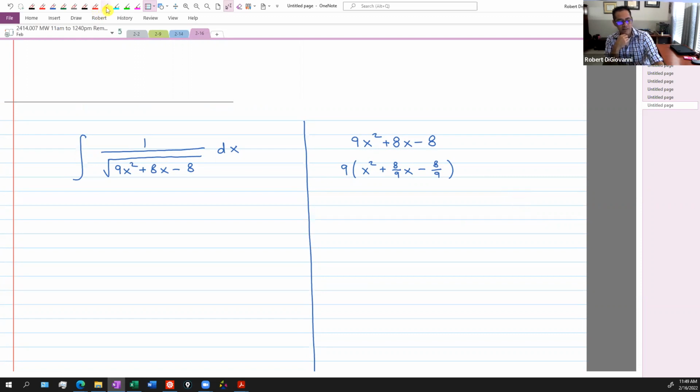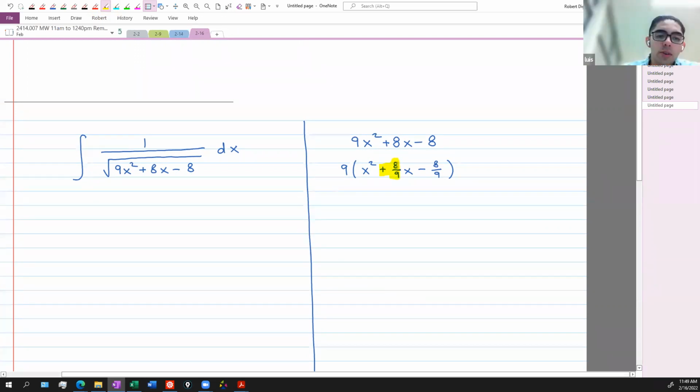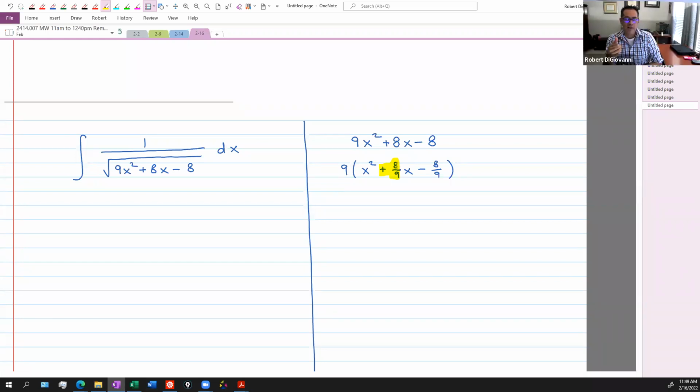It's been a while, huh? You do something with this number right here. You have to divide it by 2. I always like to say, instead of divide by 2, I always think multiply by a half. Because if you have a fraction, it's easier to think about it as taking that number and multiplying by a half.